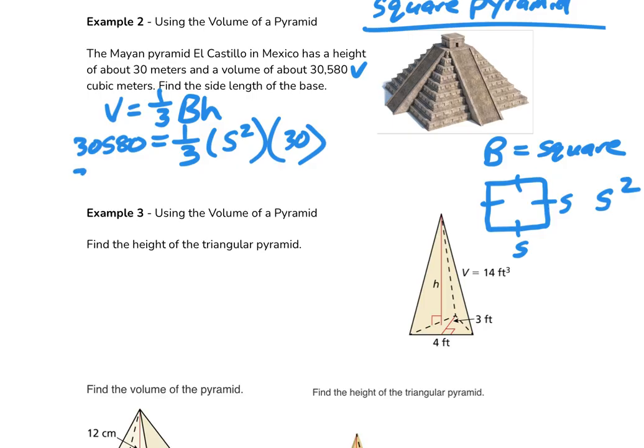So this would become 30,580 equals 10s squared. We're just simplifying it, right? We're going to break it down. Now, I got to get rid of the 10. What do I got to do to get rid of the 10? Divide by it, okay?